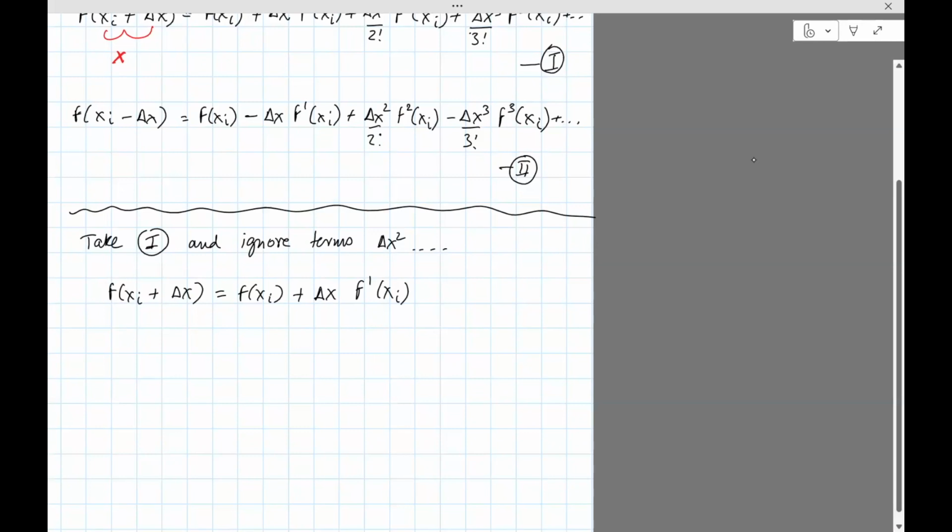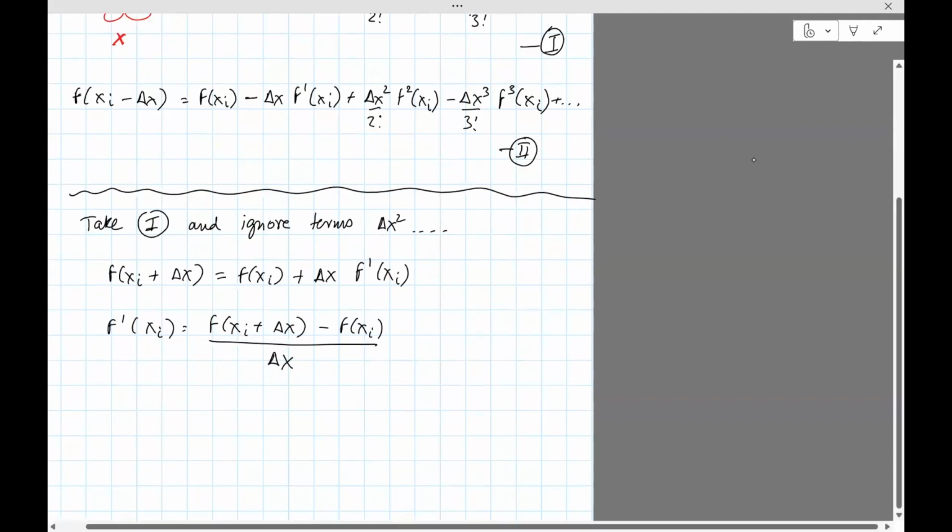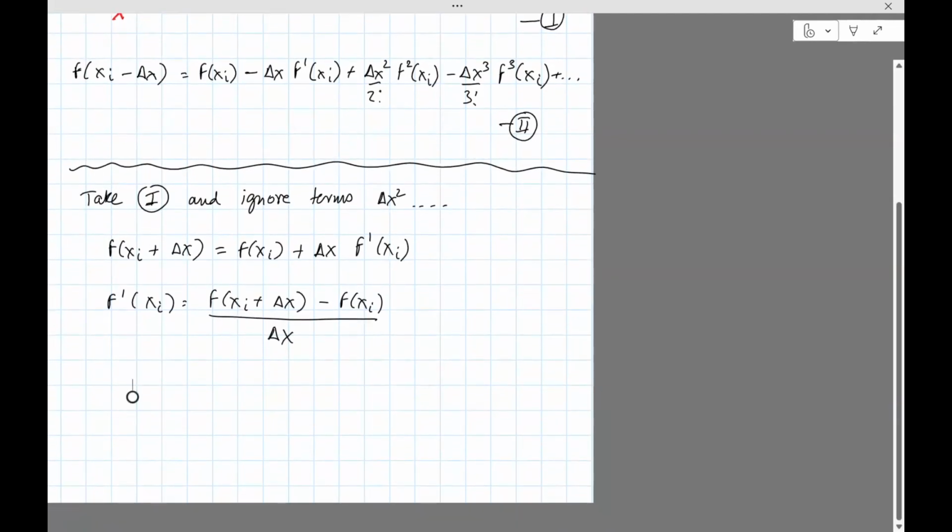Once we have that, now we can solve for f prime of xi. So this is giving us a formula for the derivative of f at xi.